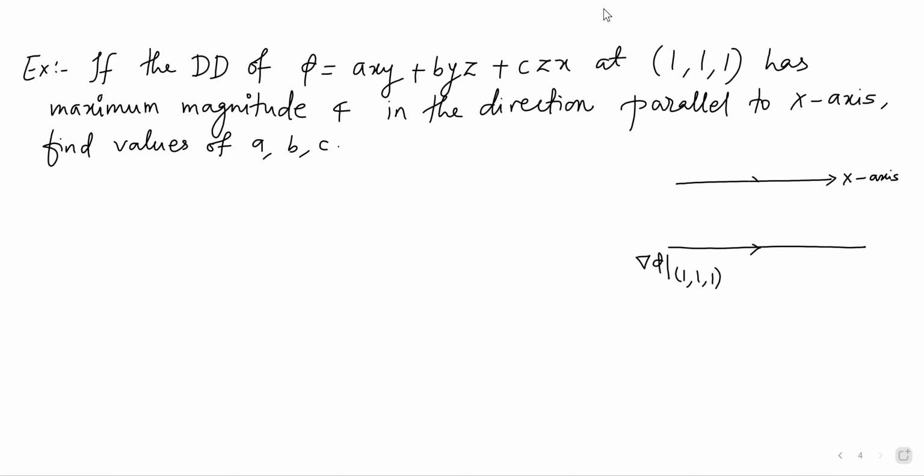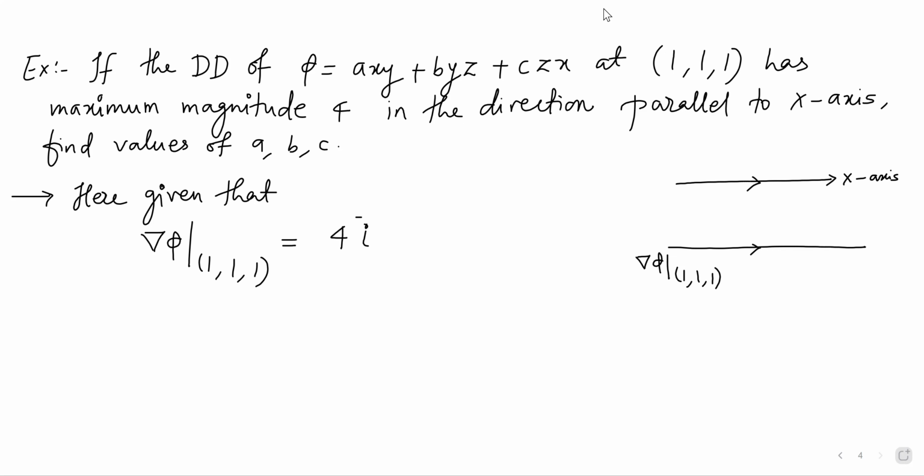So what is the unit vector along this x-axis? It is i bar. So here, given that, del phi at 111 is equal to what? The magnitude is 4, but the unit vector along the x-axis is i bar. This is given to you, correct? These two vectors are parallel, correct? So we get this.